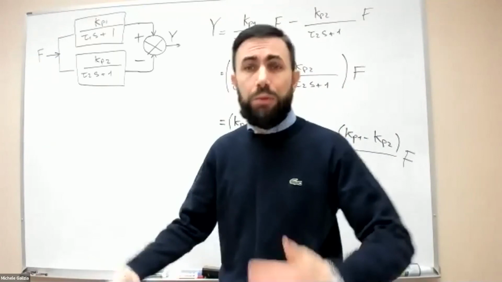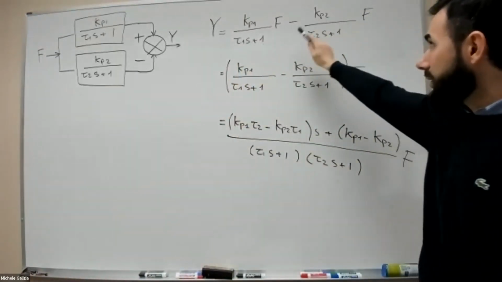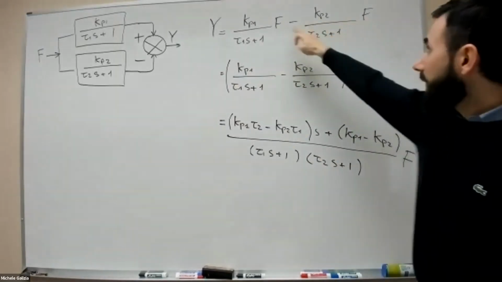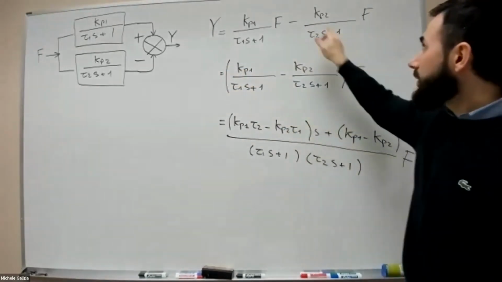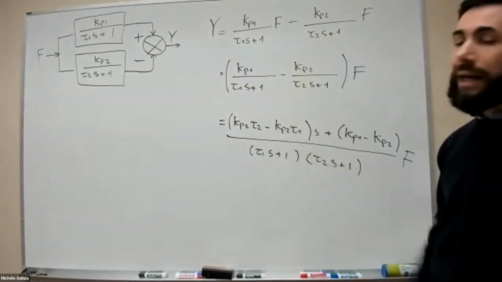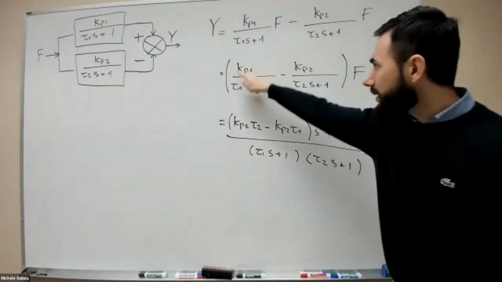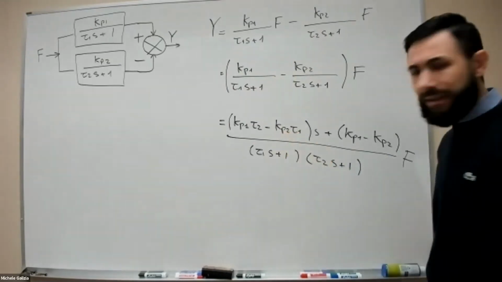Now, what should we do? Algebra. Simply, let's manipulate this. We can collect f, and basically we can subtract these two terms. We can subtract the transfer functions. If you manipulate algebraically this expression, you get something like this.